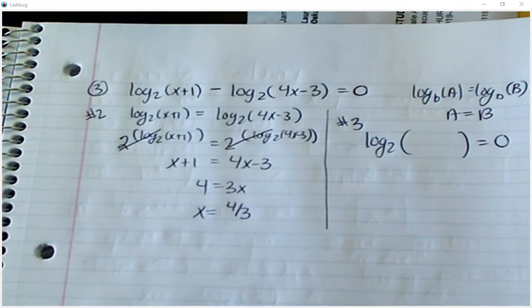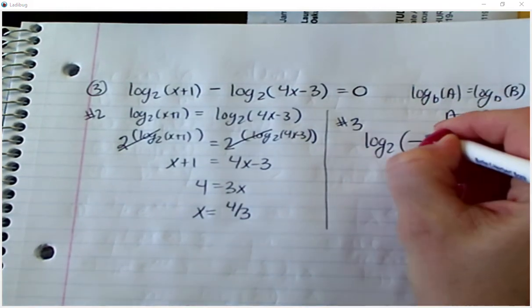Can you turn the 2 logs into 1 log? Think of your properties. How do you combine them? How do you combine logs? Subtraction turns into division of the arguments.